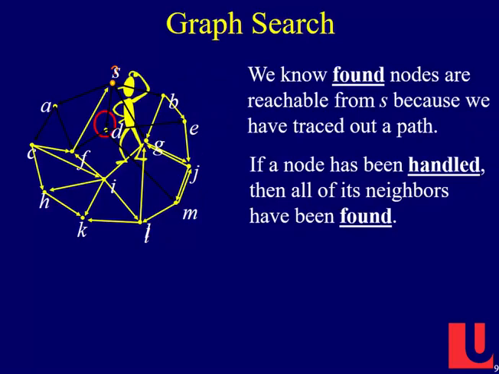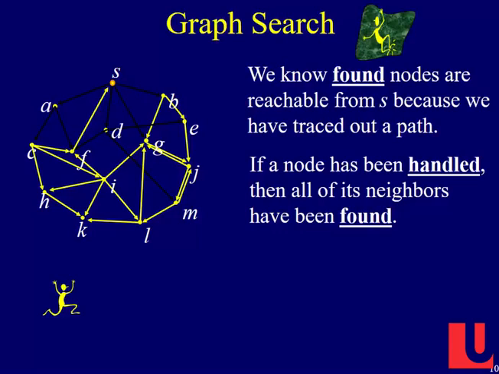What does it mean to be handled? It means that you have found all of its neighbors. Everybody good with that? So that's going to be our loop invariant. Found nodes, you know there's a path from S. Handled nodes, you know all their neighbors are found. And as I said, that's our loop invariant.